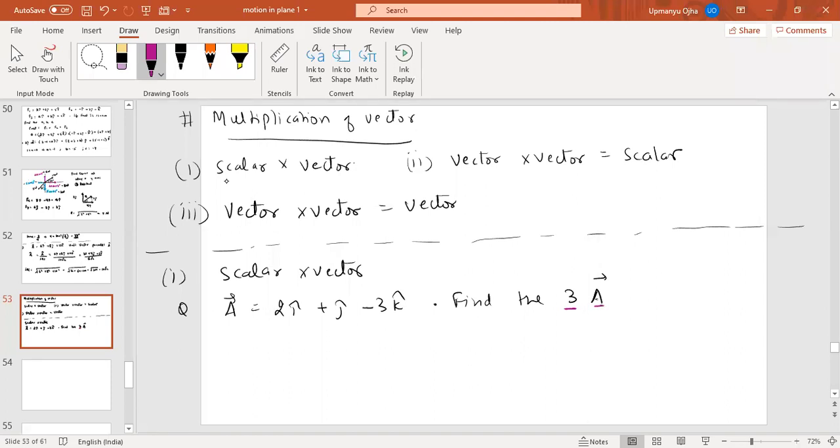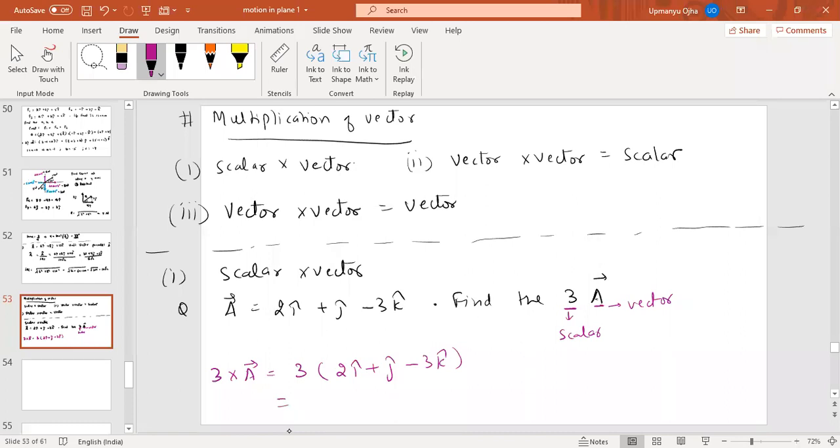If you multiply the scalar with the vector, how to multiply? That is very simple. Just write down 3 into the vector, 3 into 2i cap plus j cap minus 3k cap. Now you have to multiply this 3 one by one on all of i, j and k.